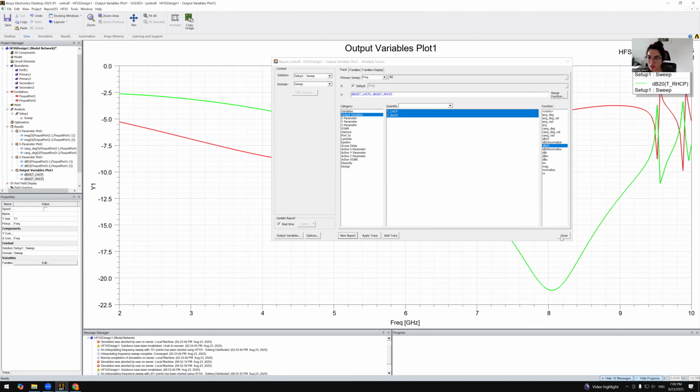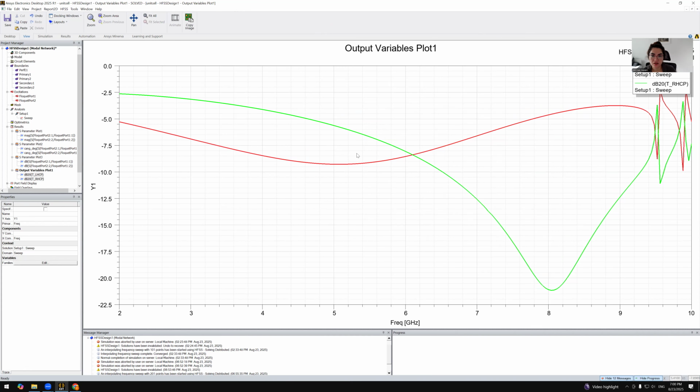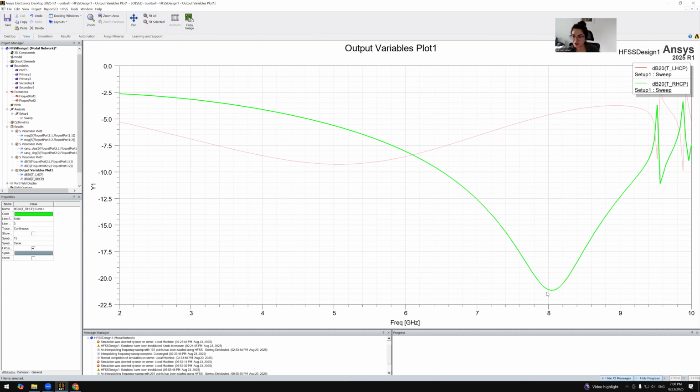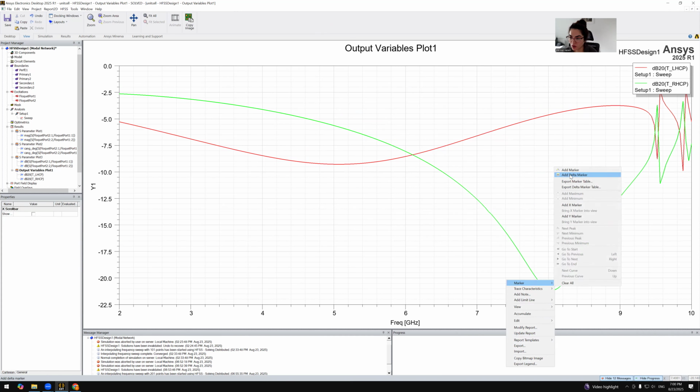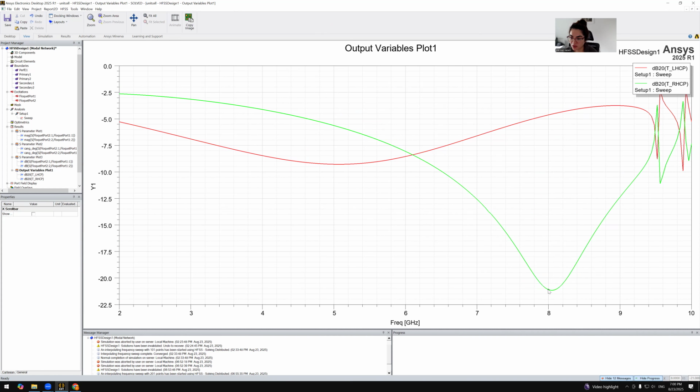Let's see. So you see here, at this frequency, you have TRHCP, it's very close to 7.98, right? One of them cancels the other one, because the phase difference between them was about 106 or something.